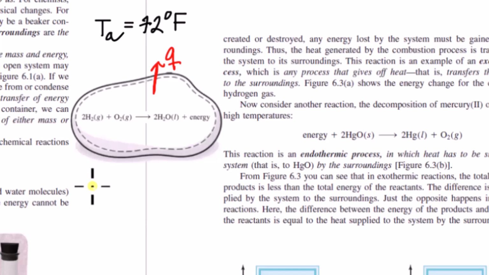What I mean is, if you write the first law for this system, the way this sentence is worded, it's almost like they're implying that this energy would fall under the category of a positive delta U. Energy has been added to the system as a result of this chemical reaction taking place.